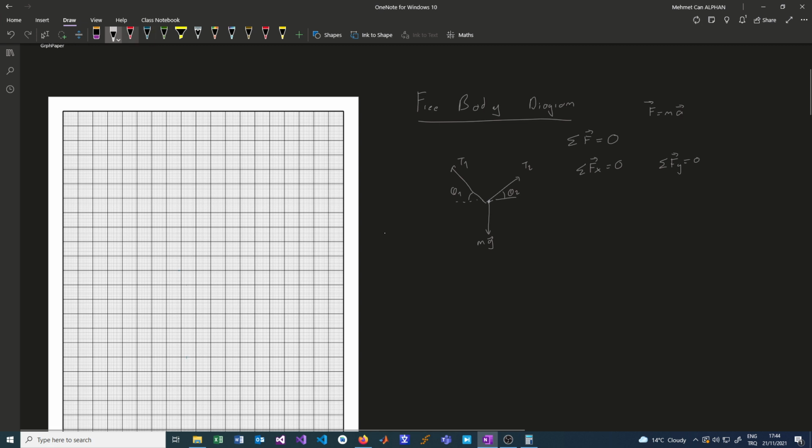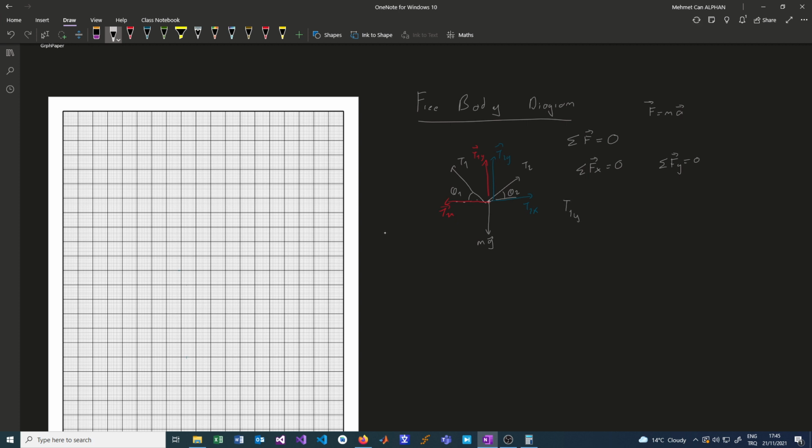In order to do that, we need to find the components T1x, T1y, T2y, and T2x. So let's write down what the components are.